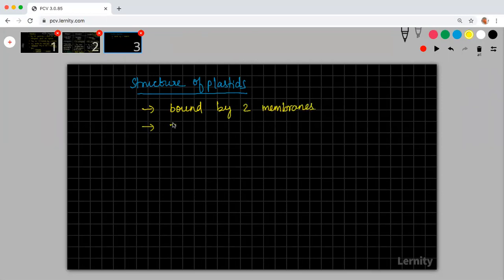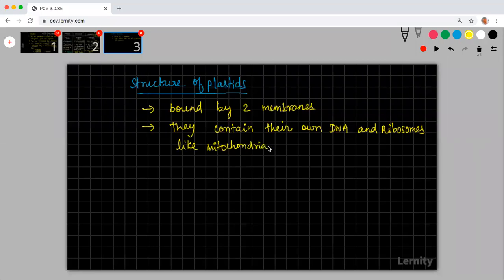They contain their own DNA and ribosomes, like mitochondria. They multiply by a fission-like process.